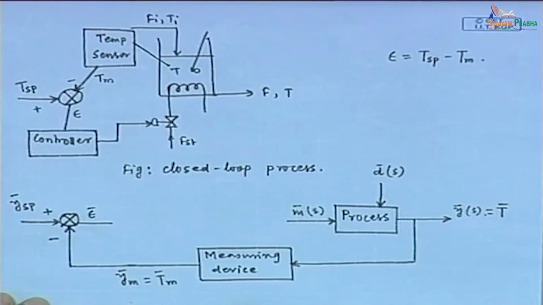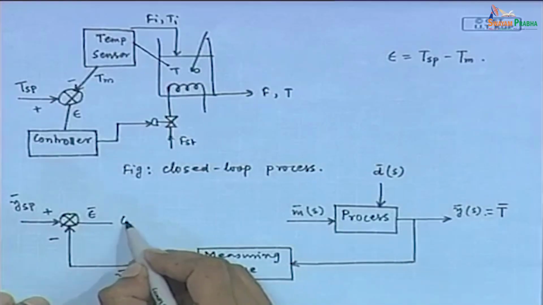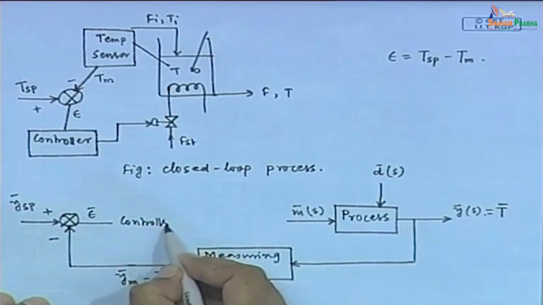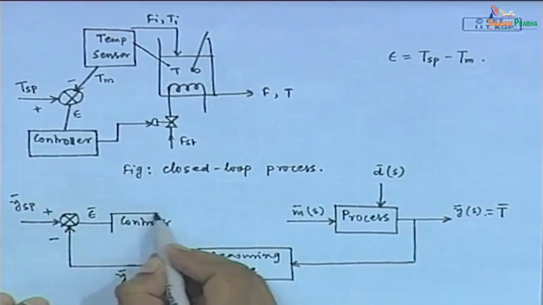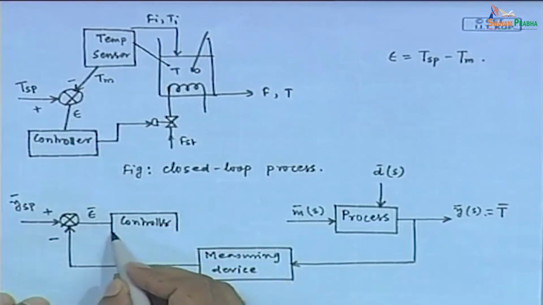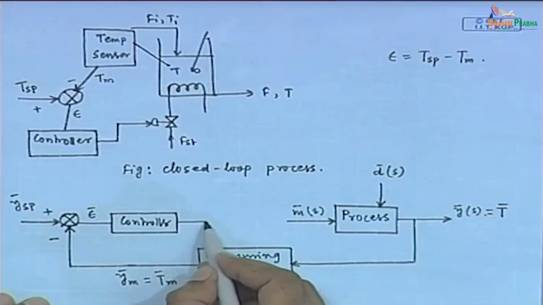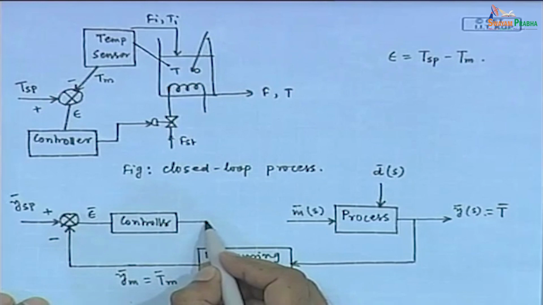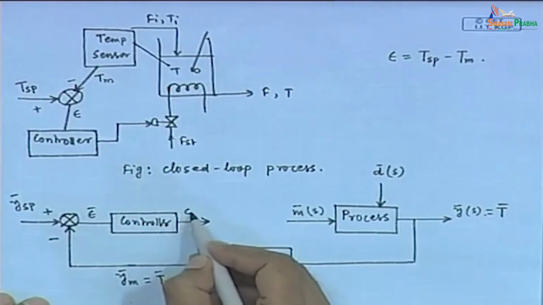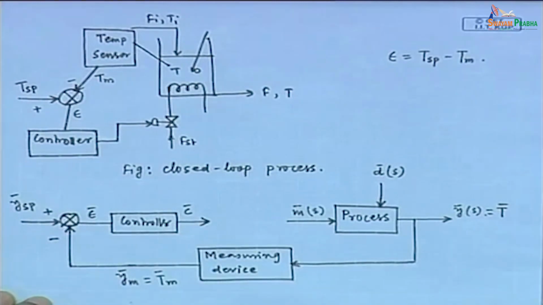This comparator output is supplied to the controller. So, one block we can draw for the controller. The error signal epsilon goes to the controller. Then the controller calculates the control action. We can represent the controller output by C, and in Laplace domain C bar.